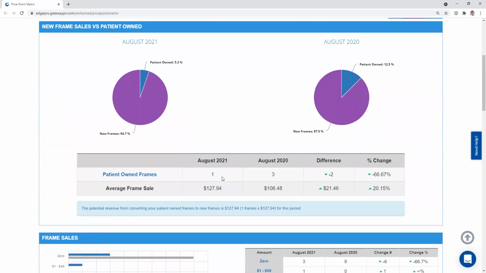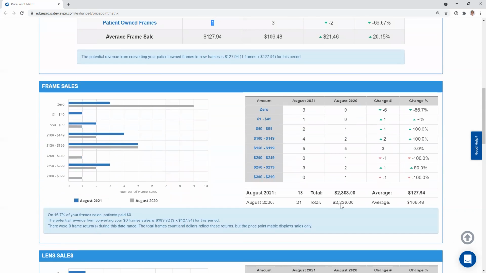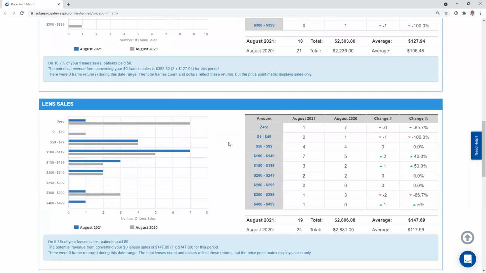I can see out of my new patients, I only had one this past month with VSP use their own frame. I can see that I've got more patients not getting the covered frame with VSP that are new patients. I can also see I have fewer patients or more patients not getting the covered lenses.